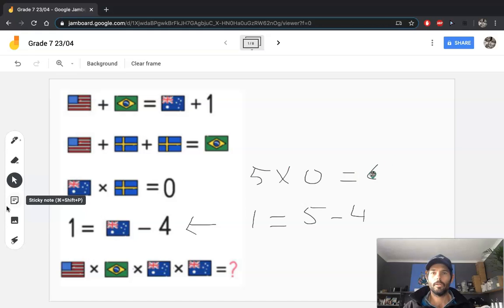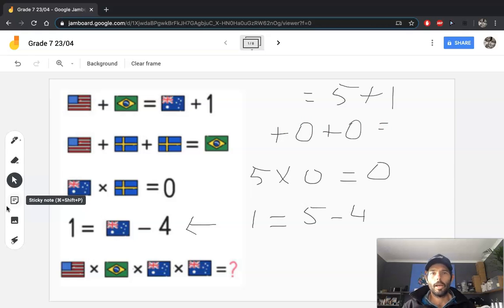So unfortunately the Swedish flag is worth 0. Now I'm just going to fill in things where I can. We know that is going to be 5 plus 1. And we also know that here on this line we've got add 0 and add 0 again. Okay, and then we've got an equal sign.